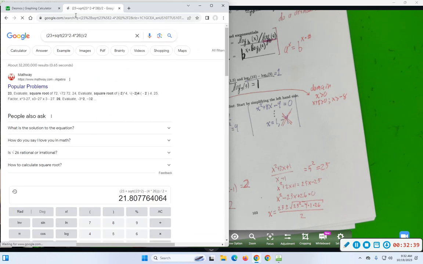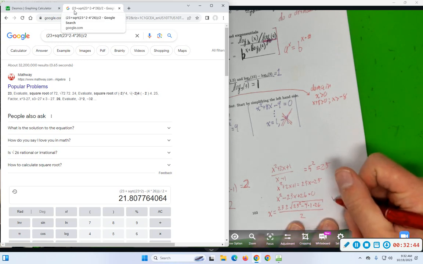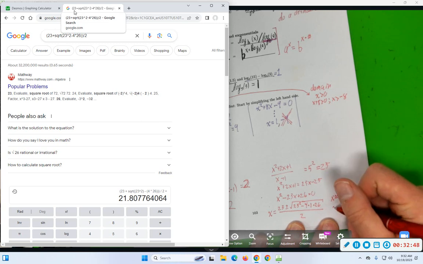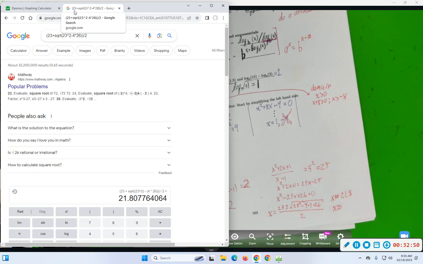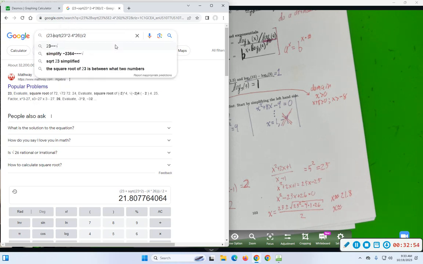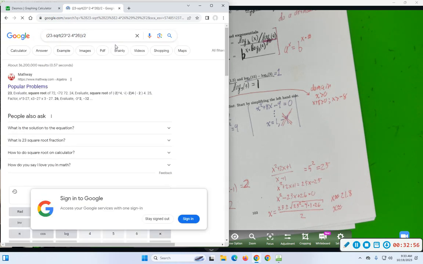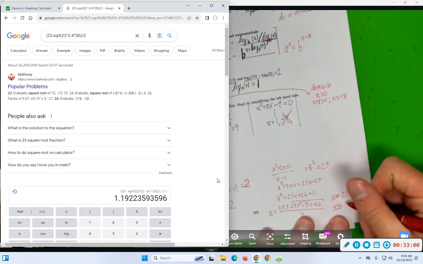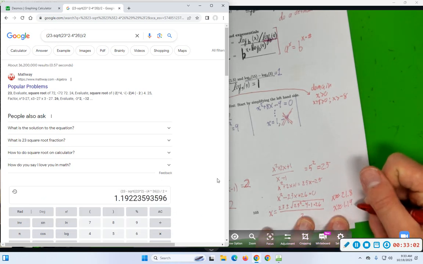So it appears one of the solutions is about 21.8. Excellent, I'm glad you agree. Or, same thing, but stick a minus sign there. Around 1.19.